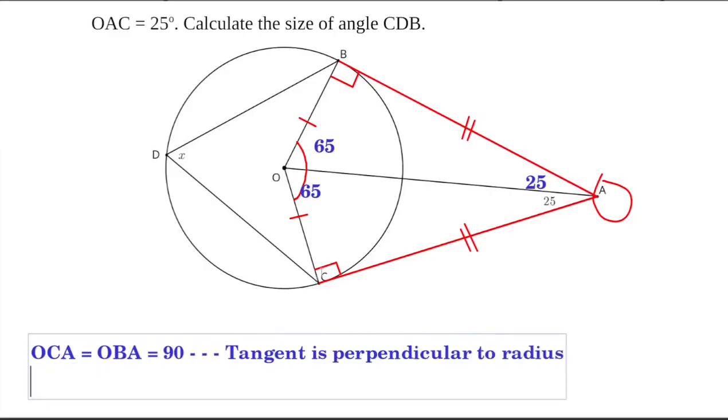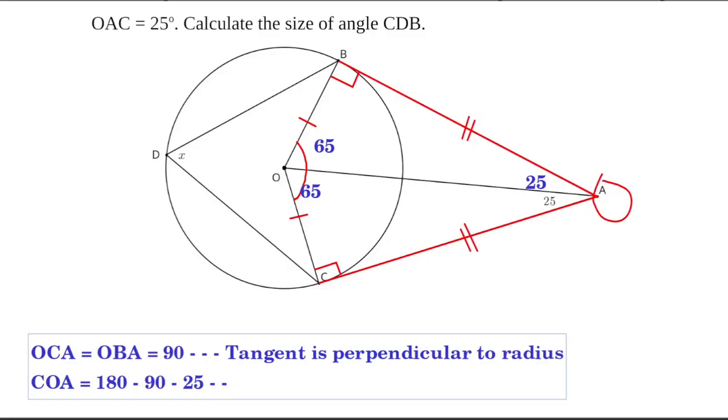Then if we know that this one is actually 90 degrees, to find this angle there, COA is equals to 180 degrees. We are taking away this 90 degrees and also taking away 25 degrees.